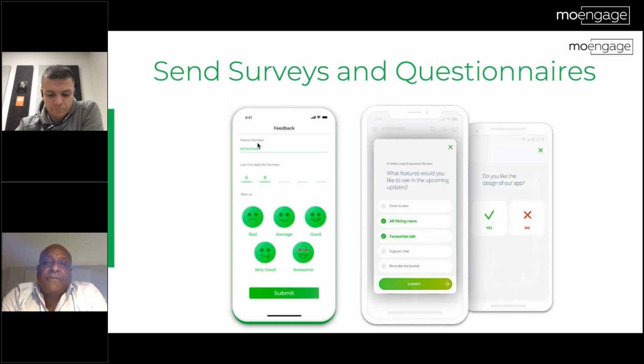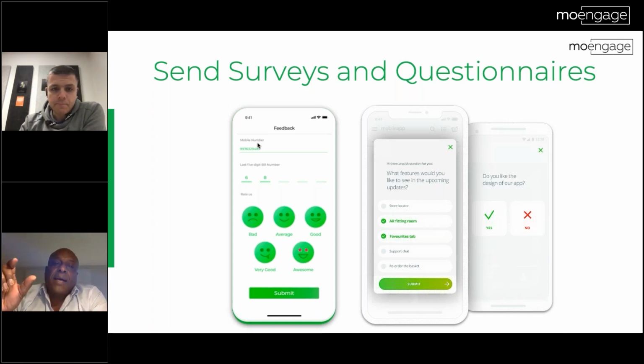If it's below 4 stars, then you can either thank them for the feedback or give them a short 2 or 3 question questionnaire which asks why they might be unhappy. Again, the key here: ask for feedback, action the feedback, make it easy to give the feedback.